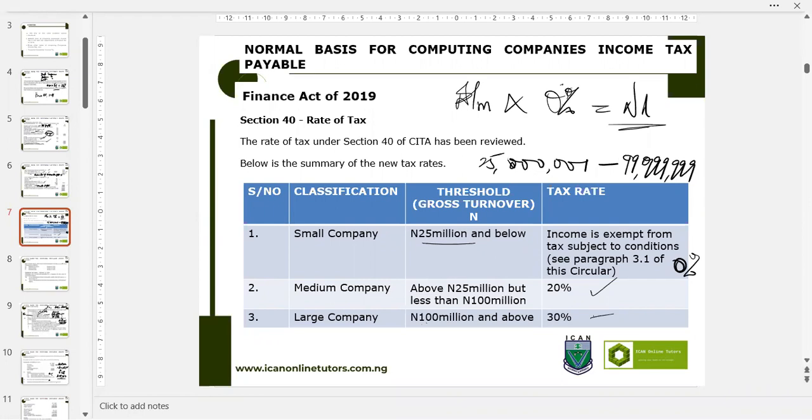Are we together? So then for pioneer status, small and medium-sized companies engaged in primary agricultural production can be granted pioneer status for an initial period of 4 years and an additional period of 2 years. These are companies that are into agricultural production, and at the same time, they are small companies.